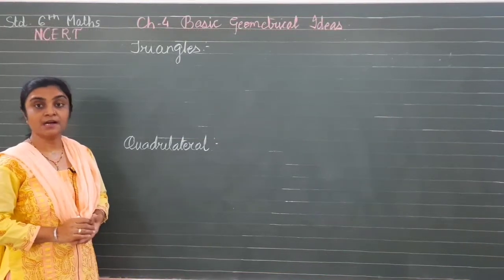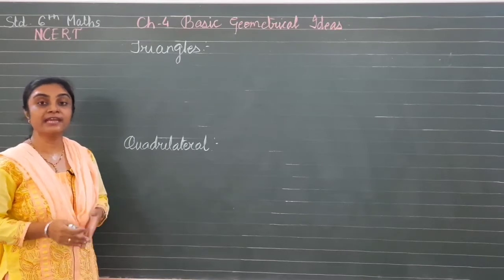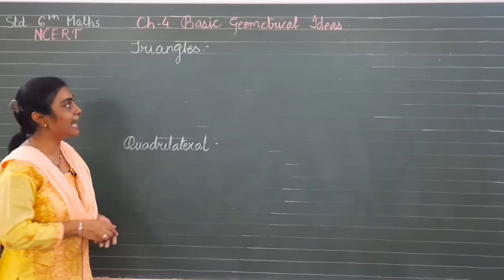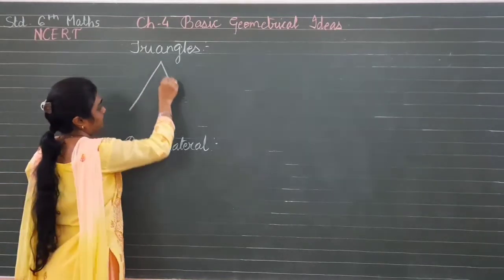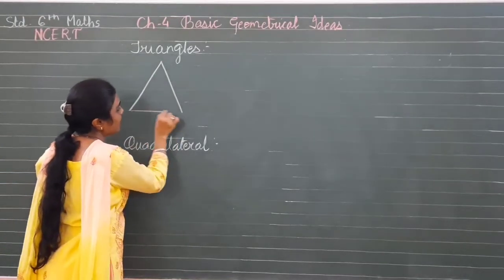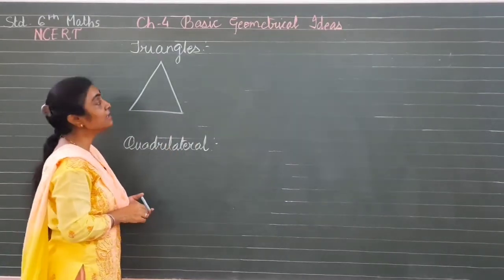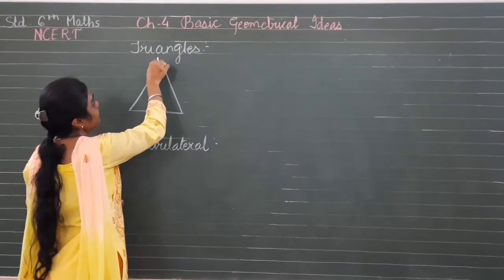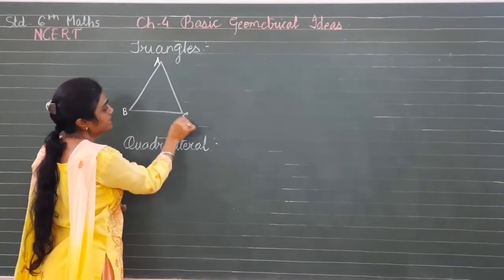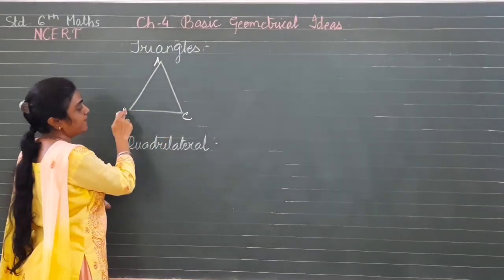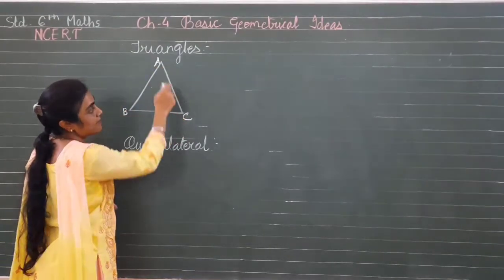Now triangles. What is a triangle? It is a 3-line segment polygon. It is made up of 3 line segments, 1, 2 and 3. So 3 line segments make a triangle. I am naming it A, B, C. It has 3 sides: line segment AB, line segment BC and line segment AC.